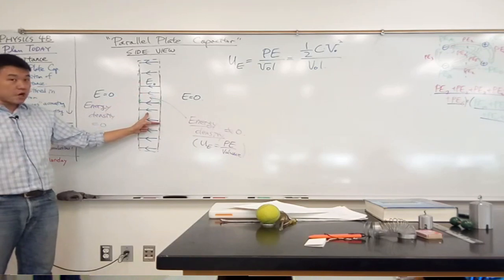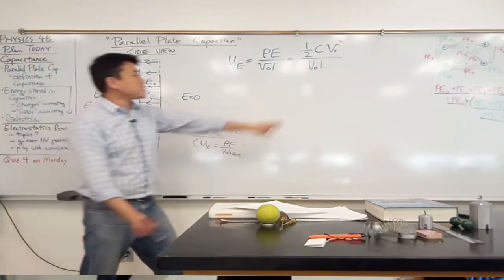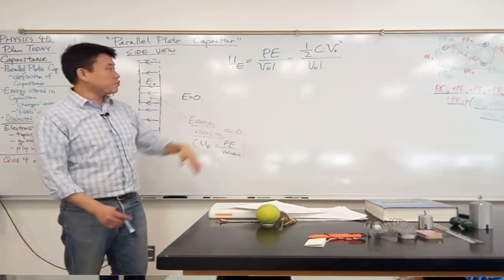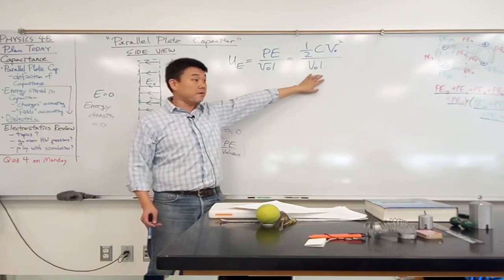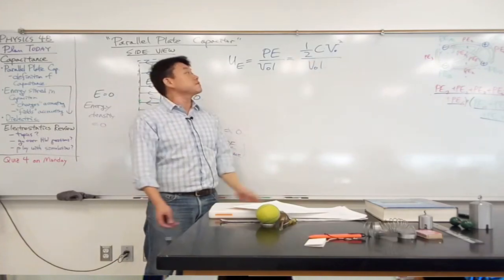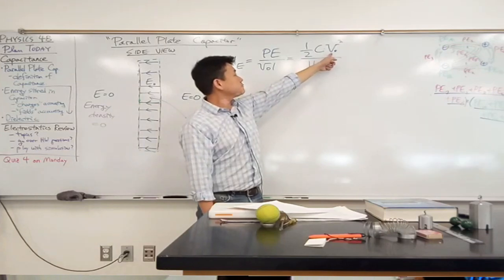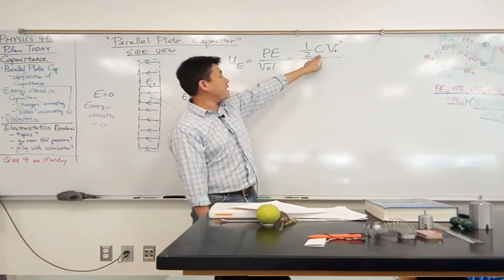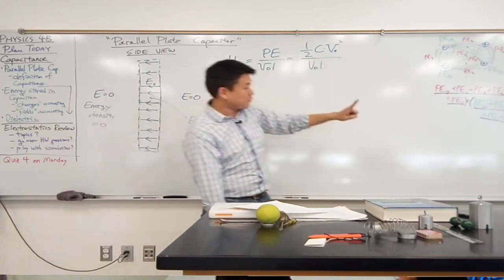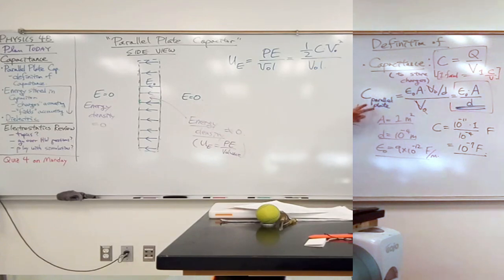I don't want any reference to charges or any other references like that. So let me go through the steps to turn this into something that depends on nothing but electric field and constants. I have this voltage here. Let me start by getting rid of the capacitance. That's one of the expressions I have not yet erased, so I can use it to get rid of the capacitance of the setup.